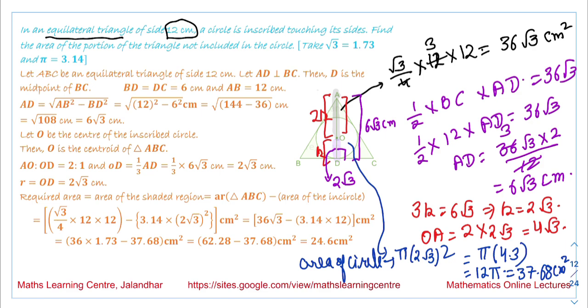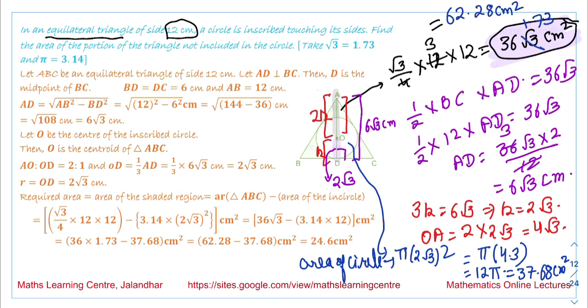When we calculate the area of this triangle, it is 36 root 3. When we substitute the value of square root 3 as 1.73 and multiply these terms, we will get the answer 62.28 centimeter square.